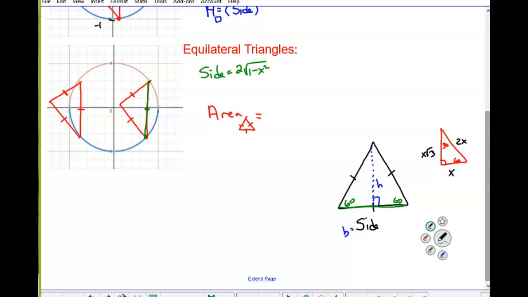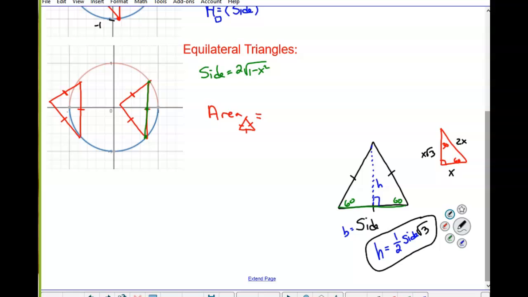So if I cut the side length in half and times it by the square root of 3, that will be the height. So the height is 1/2 the side length times the square root of 3. I know it's not awesome. But if we do this work once, then you'll have a generic formula for the equilateral triangle.